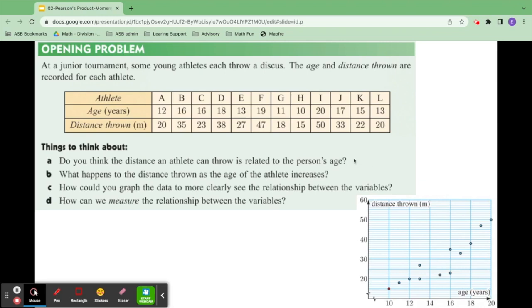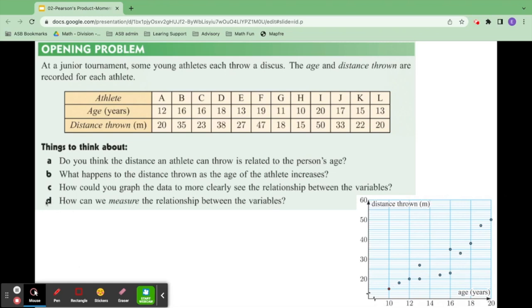So we probably answer this first question, yes, as the age increases, the distance does increase. What happens to the distance thrown as the age of the athlete increases? I kind of answered this one already. There seems to be a general trend where both are increasing together.